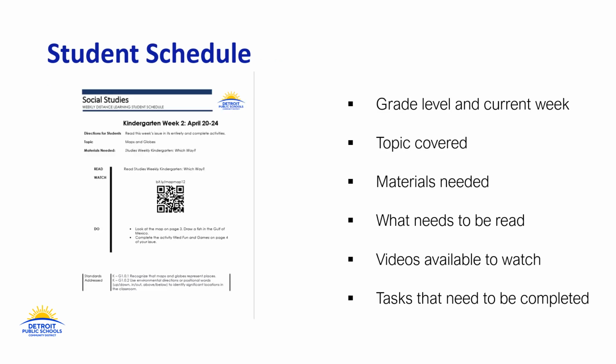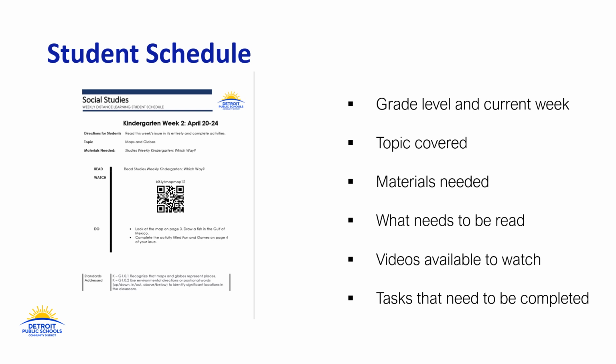Okay, let's look at your student schedule. Your student schedule has your grade level and the current week that we're on. So pay very close attention to the dates of the week. Next, you'll see the directions, followed by the topic.